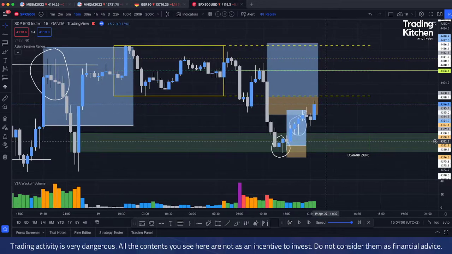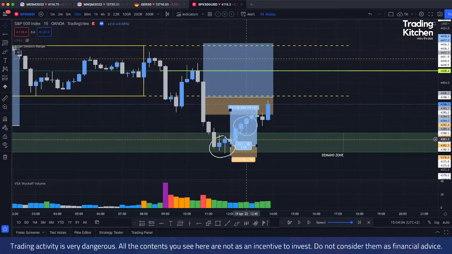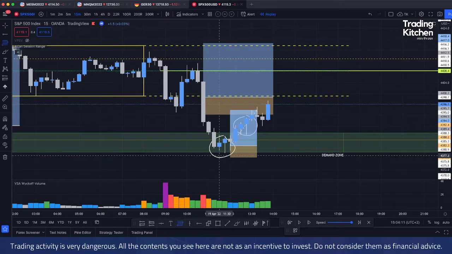This could be a huge trade. If you want to wait for another EDT pattern, which is very rare, you have two EDT patterns inside the same range.